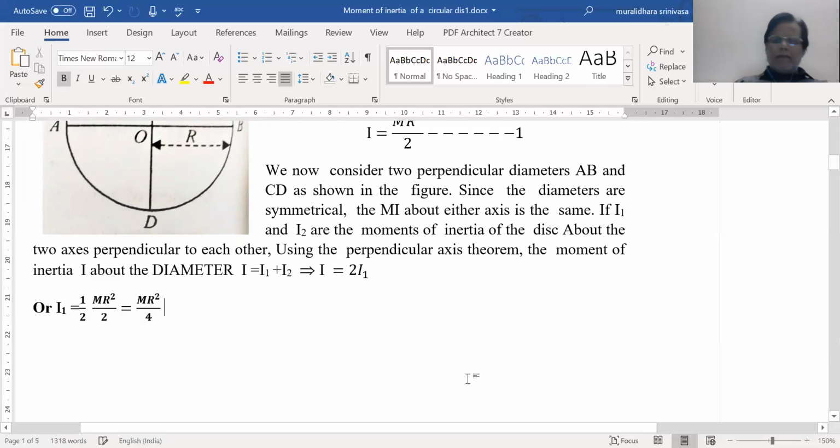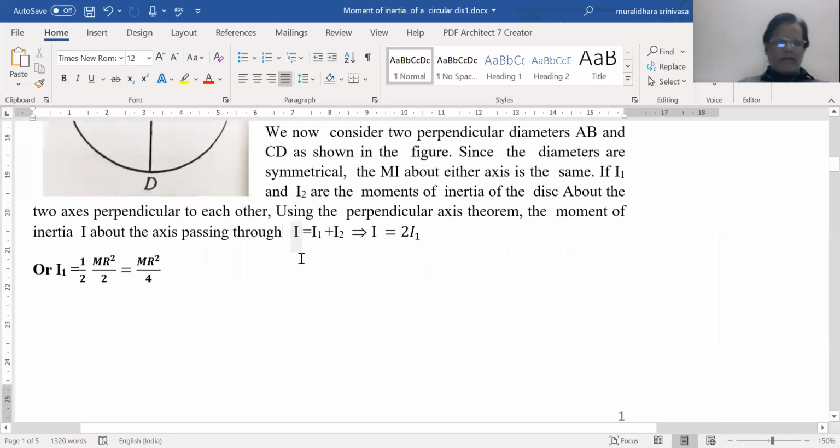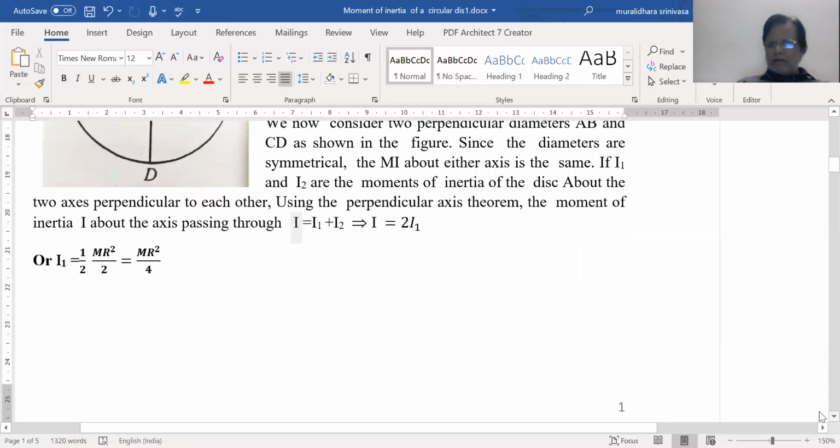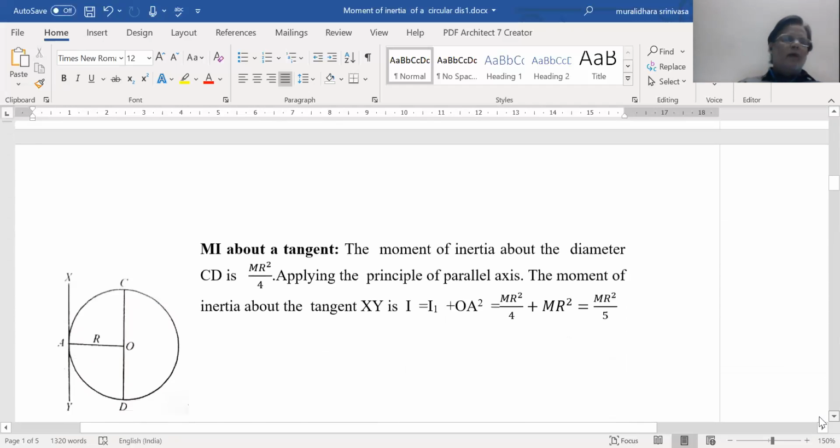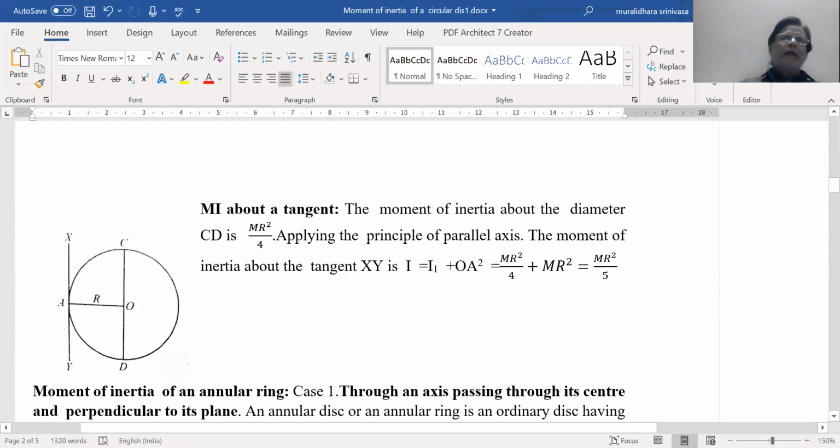So, mr squared by 4. So, we use the perpendicular axis theorem, and these are the results. So this is about an axis passing through any diameter.